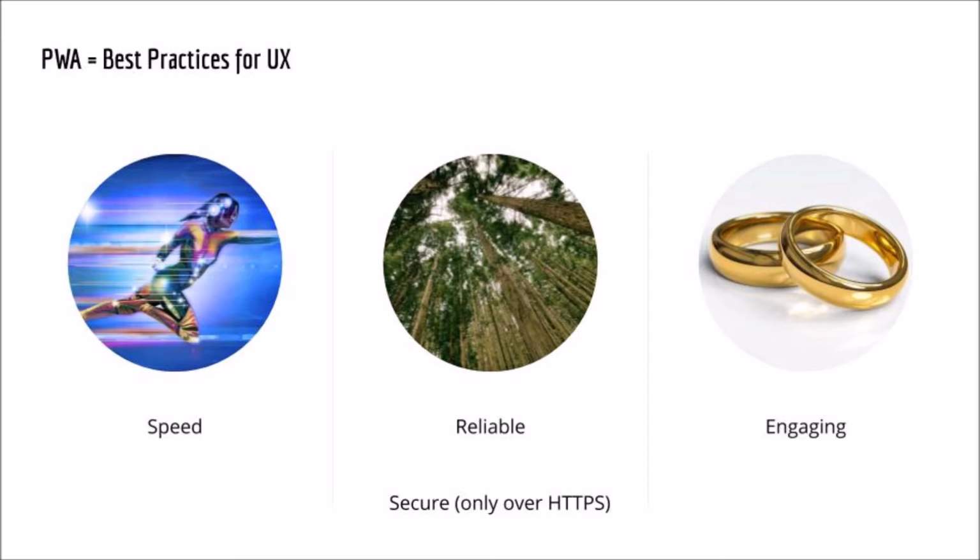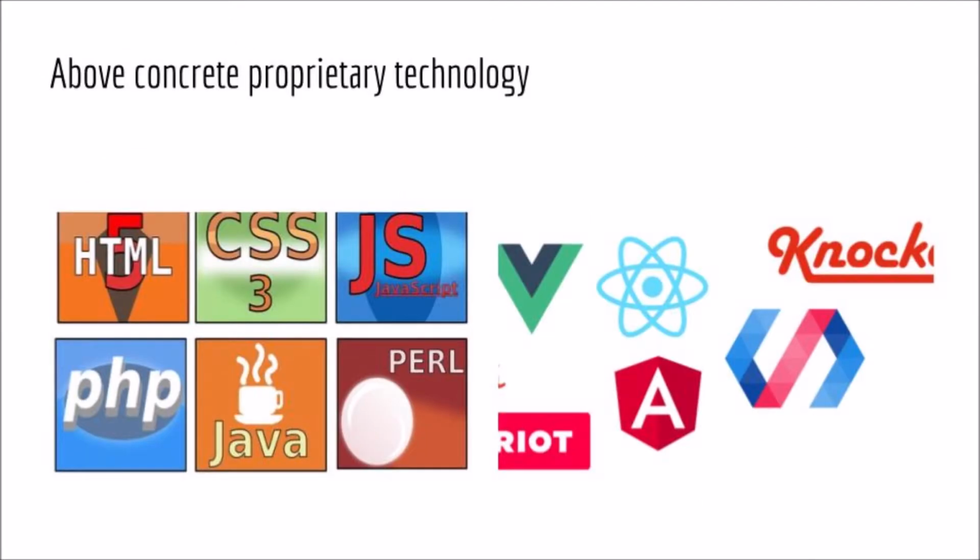The idea of a progressive web app is to try to satisfy the user and bring the best user experience that a web page could. Work even offline, engage the user into using the application, and in most cases, it is above concrete proprietary technologies, above concrete software packages, libraries, frameworks, languages, and browsers.